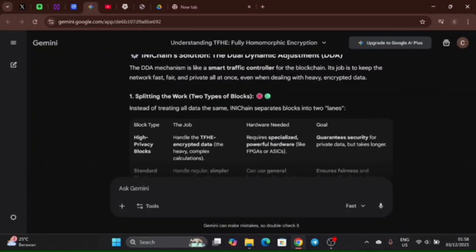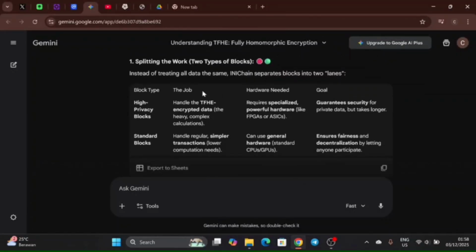Splitting the work into two block types instead of treating all data the same. Anychain separates blocks into two types: high privacy blocks and standard blocks. The high privacy block handles the TFHE, the heavy complex calculation, and requires specialized powerful hardware.